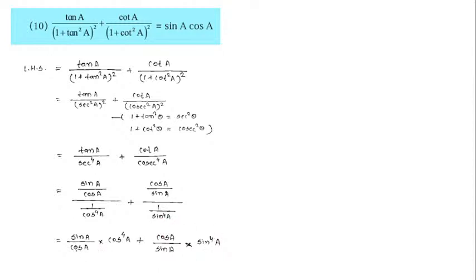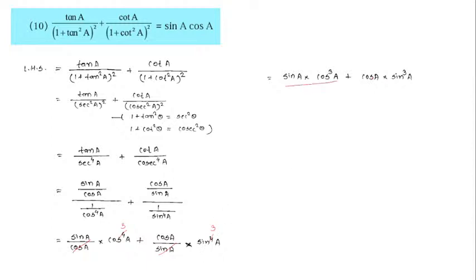Now here in the denominator, cos a and one cos a from cos raised to 4a will get cancelled. So instead of cos raised to 4a we would have cos cube a. In the same way here also, sin a and one sin a from this will cancel, so we have sin cube a. So we have sin a into cos cube a plus cos a into sin cube a.